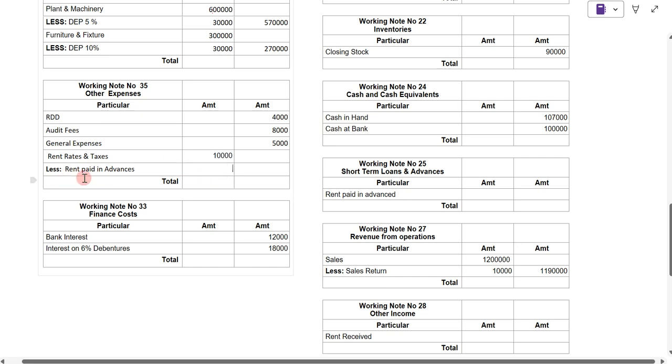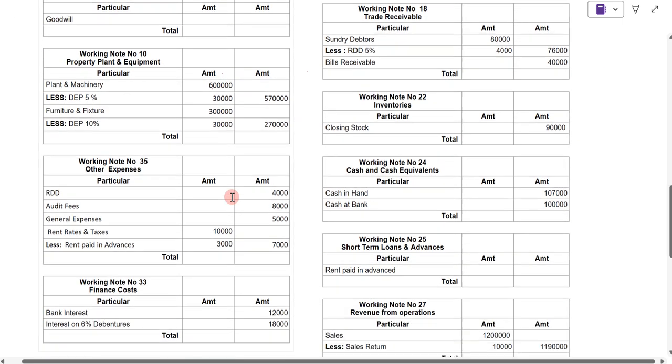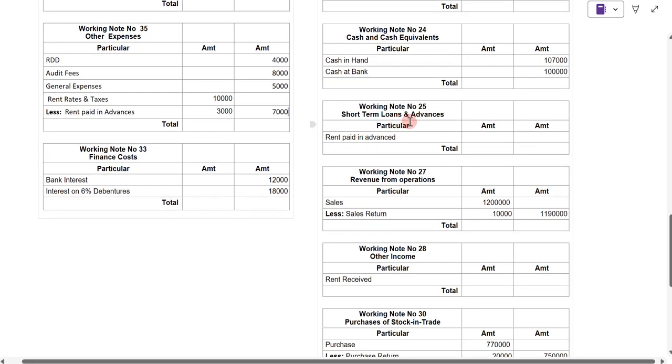From this 10,000 we have paid rent in advance, rupees 3,000. So less 3,000 from the 10,000. So balance is 7,000. The second effect of 3,000, that is rent paid in advance, will come in note number 25. That is short term loans and advances, rent paid in advance 3,000.